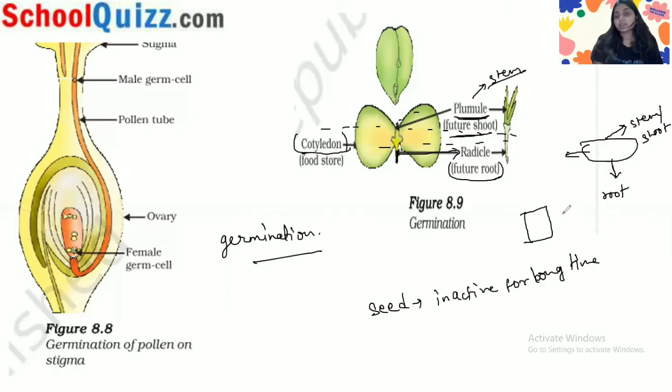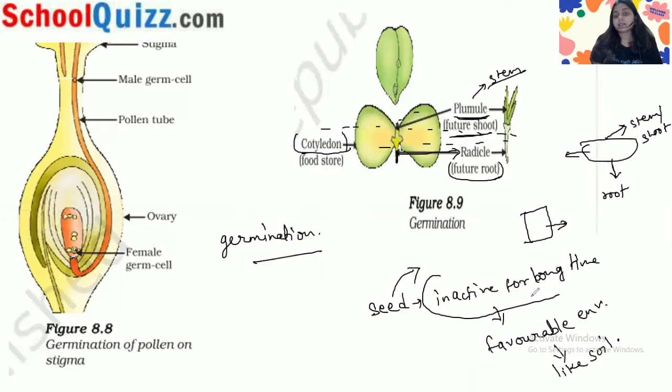It can grow only in a favorable environment, like soil. When the seed gets its favorable environment, it can grow. This is the property of the seed, that it can stay inactive for a long time.